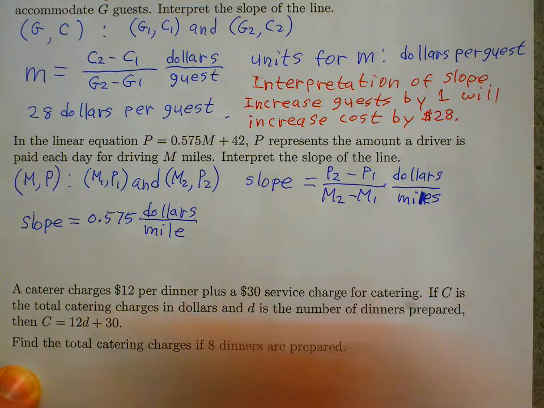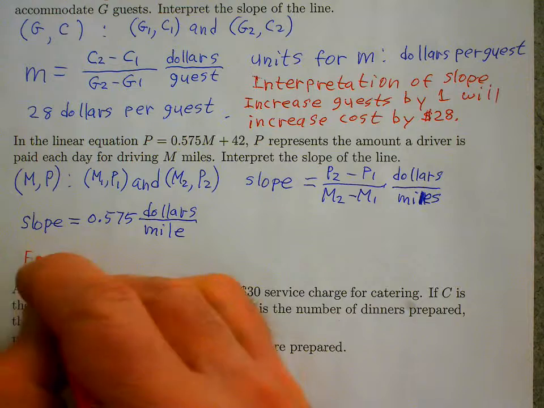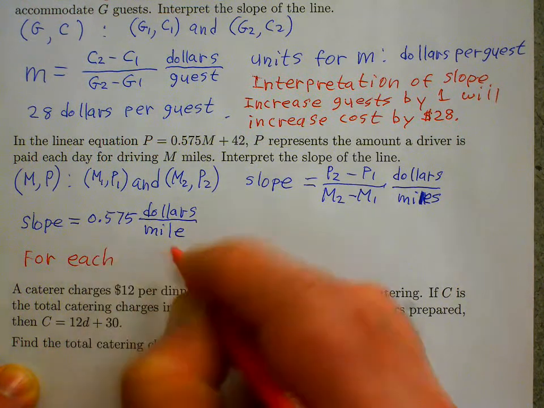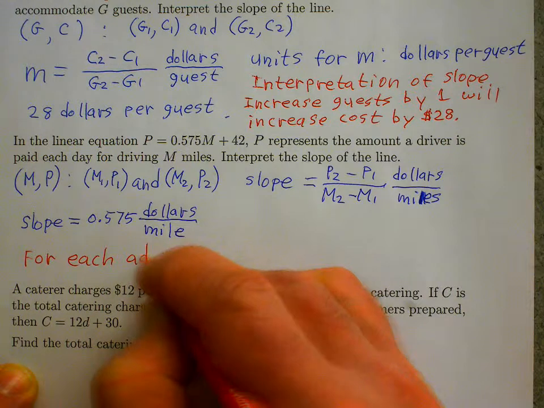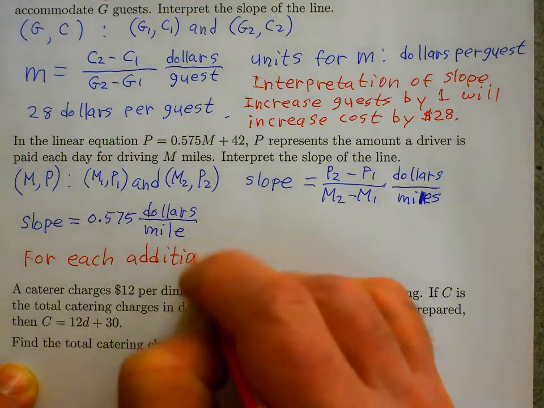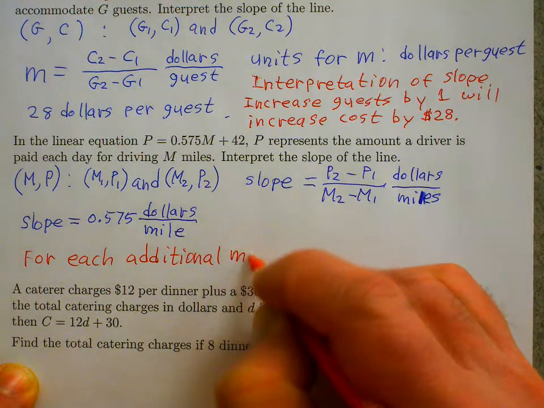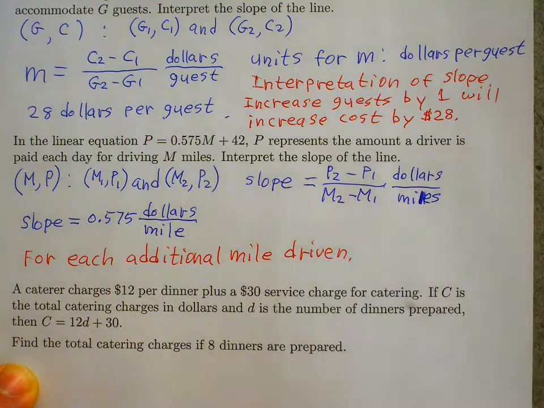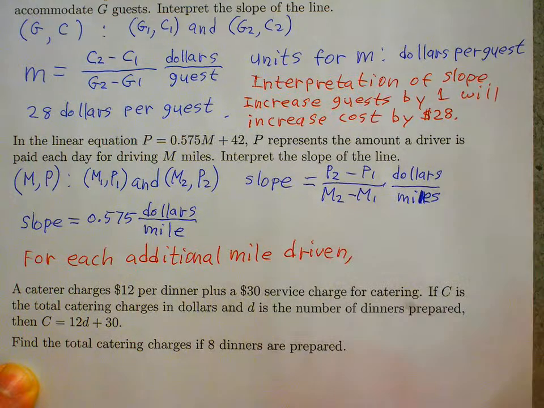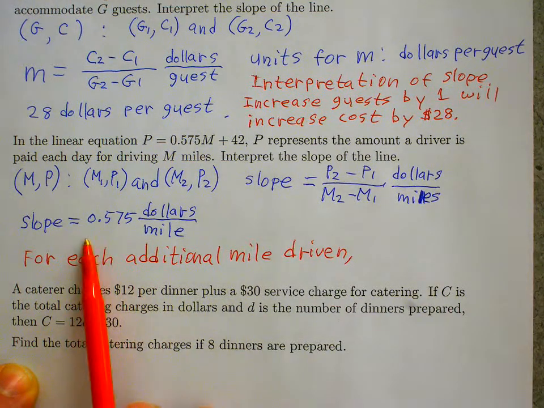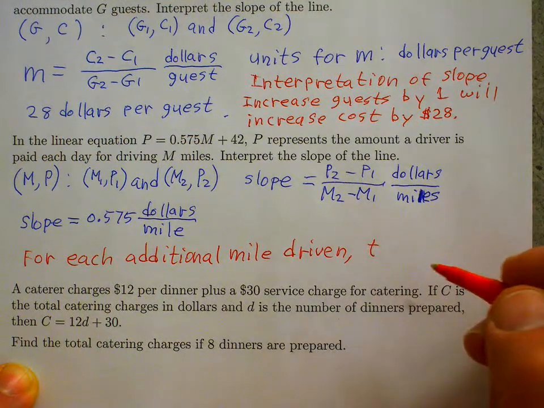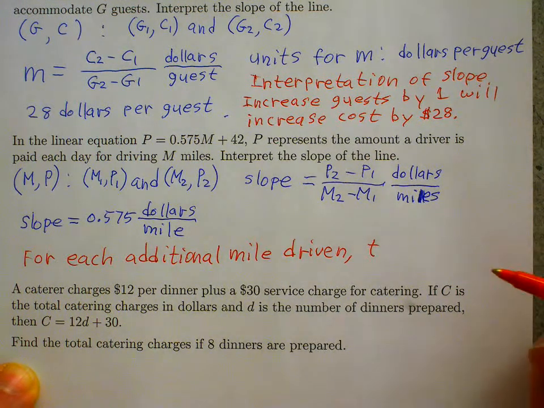So our interpretation: for each additional mile driven, the driver will be paid an additional $0.575. But $0.575 is just 57.5 cents, right?